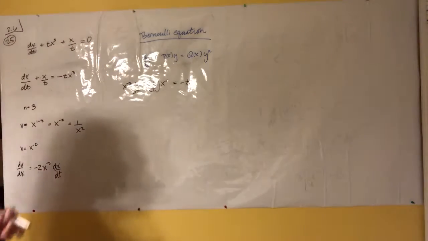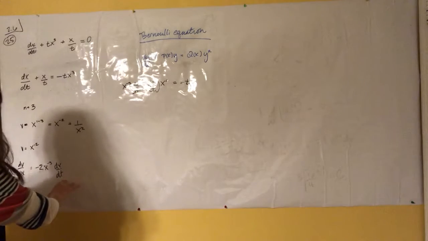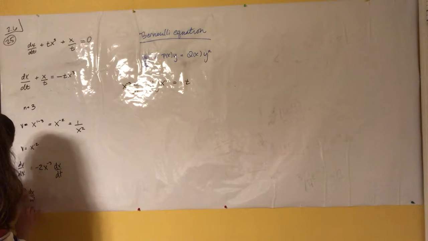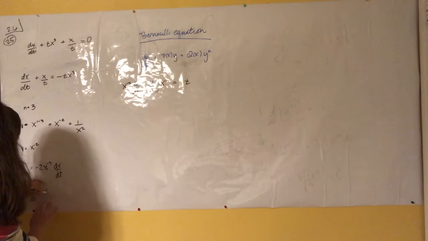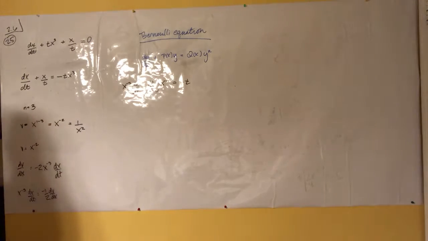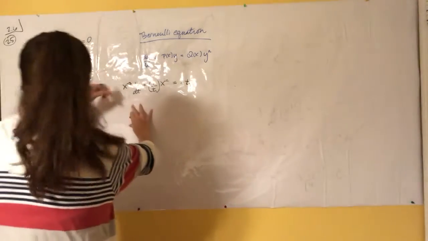Okay, so now this is the part where we start to substitute. So over here you can see, okay, so x to the negative 3 dx/dt is equal to negative 1/2 dv/dt. Okay, so we can take that and substitute it here.